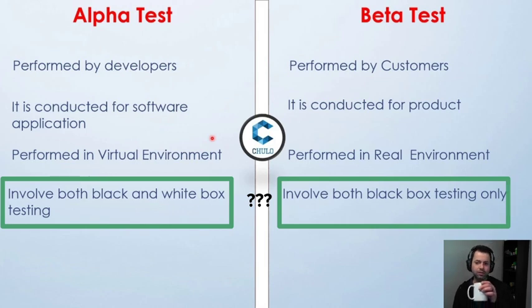This is another good thing to think about, as I've been hammering that point home to get you used to black box and white box testing. Here it appears again. So the question then: why is there no white box testing in beta testing?